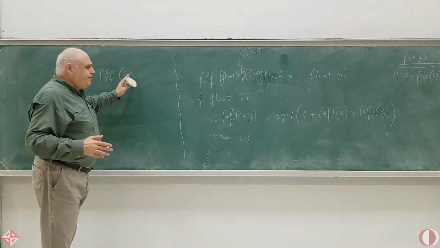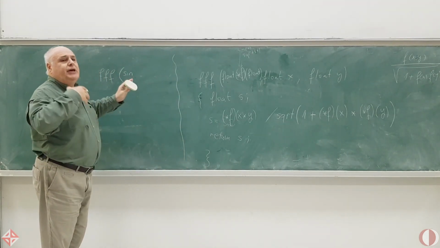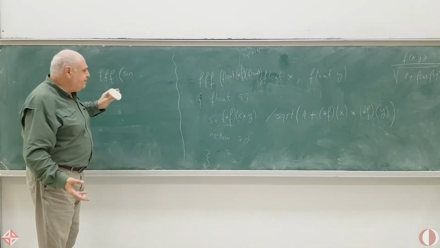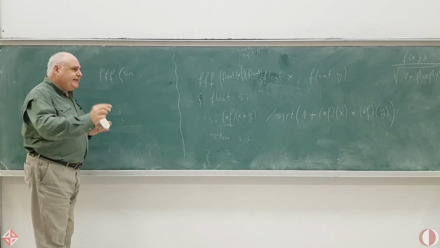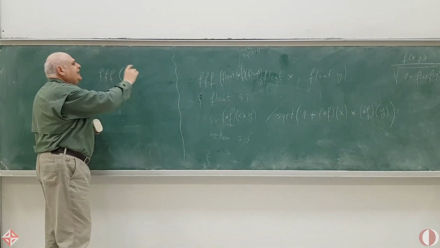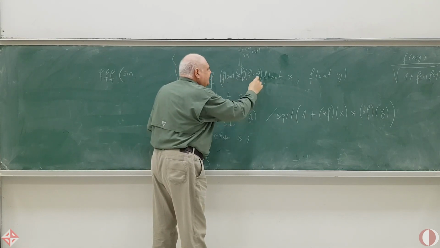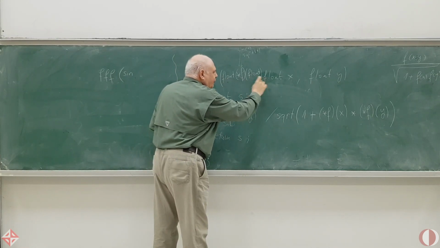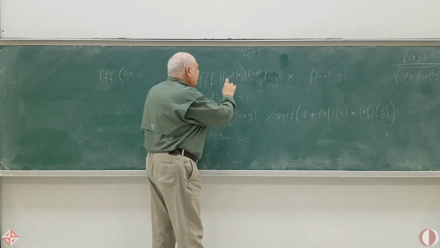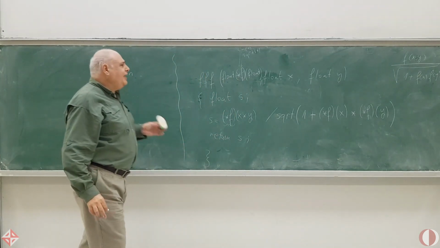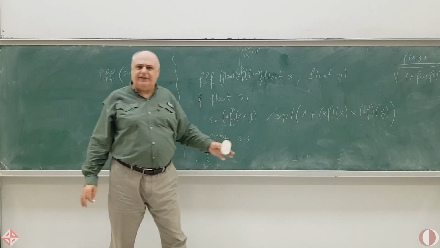It can be your function, it can be some built-in function coming from a library, but it has to strictly obey this rule. It shall take a floating point in, and it shall return a floating point. Why? Because we have defined it this way.